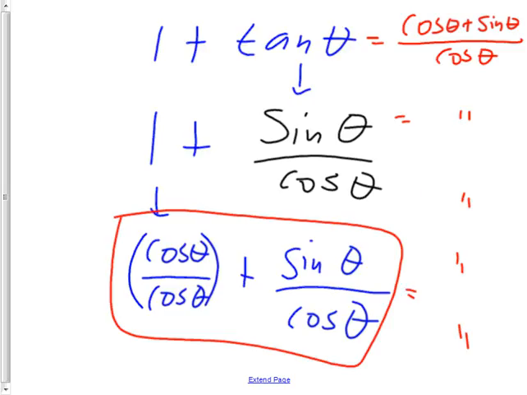There's a few tricks like common denominators, like making a 1 into anything over the top of itself, anything that makes it handier for you. Making a 1 into sine squared plus cosine squared.